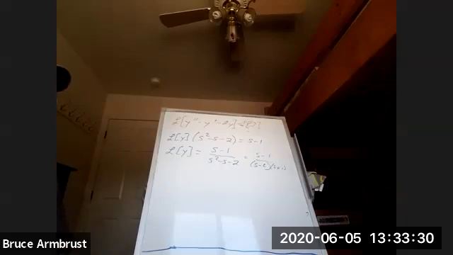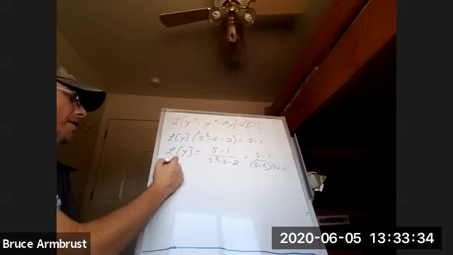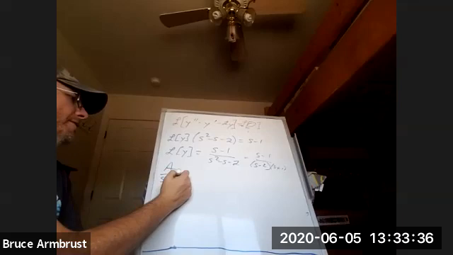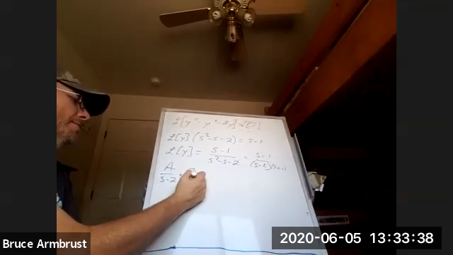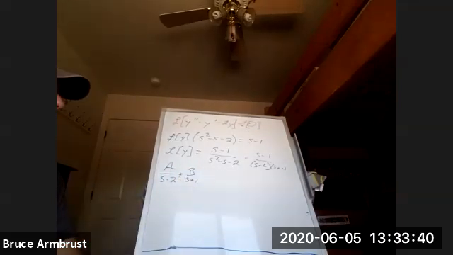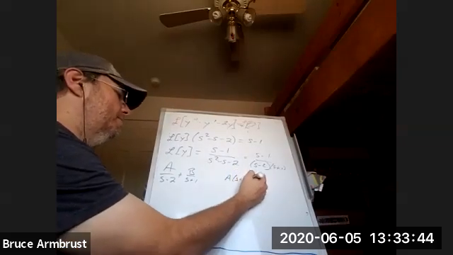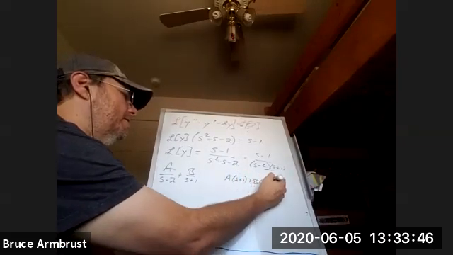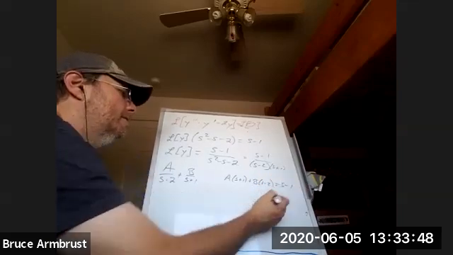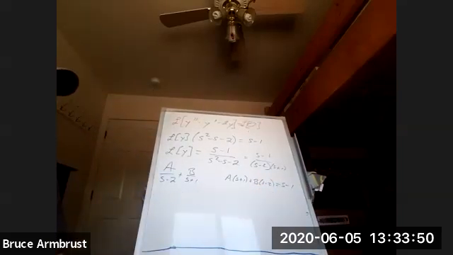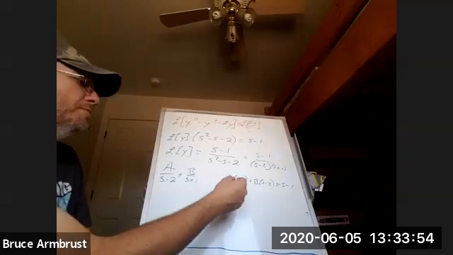And now let's do the partial fractions. Let's split this apart. So we're going to have a over s minus 2 plus b over s plus 1. So if we were to get a common denominator, that tells us that a times s plus 1 plus b times s minus 2 has to equal s minus 1. So let's just plug in some values.